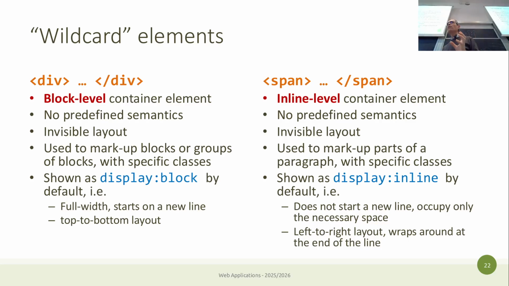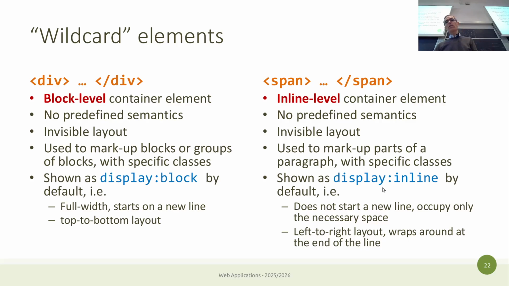The difference between the two is that one is block level, so it's a block of elements that is shown as a rectangle by default inside the browser window, while span is a set of elements that is shown left to right, inline.